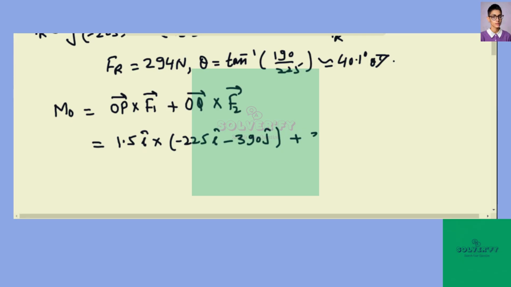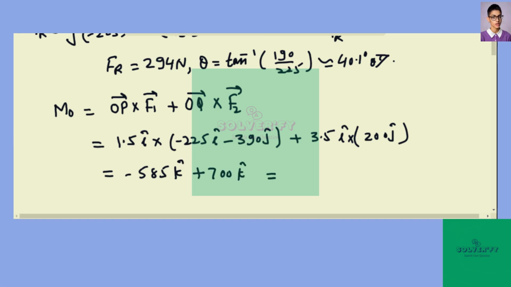J cap, plus OQ is 3.5 I cap and the force is 200 J cap. When you solve it, you will get minus 585 k cap plus 700 k cap.